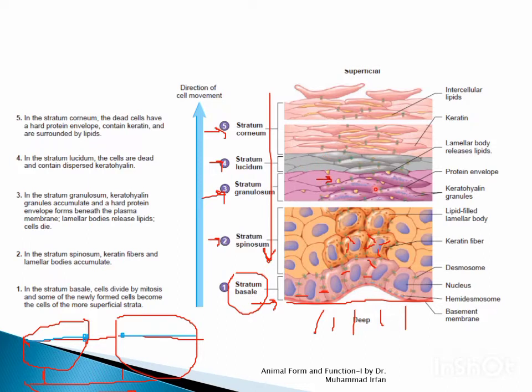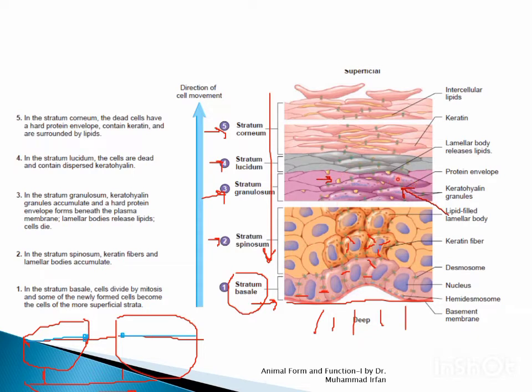Lamellar bodies are structures or vesicles that are found in the epidermis of the skin, mostly in the stratum granulosum. They are also found in the stratum spinosum, but in the stratum granulosum they are widely distributed, and they help to transport lipids toward the membrane.